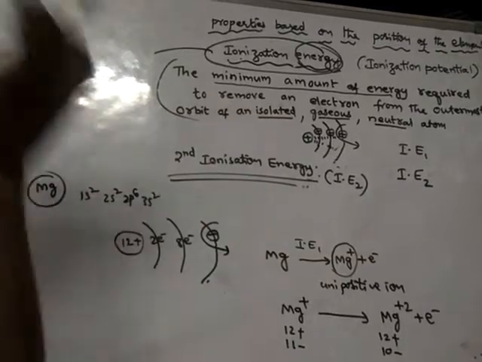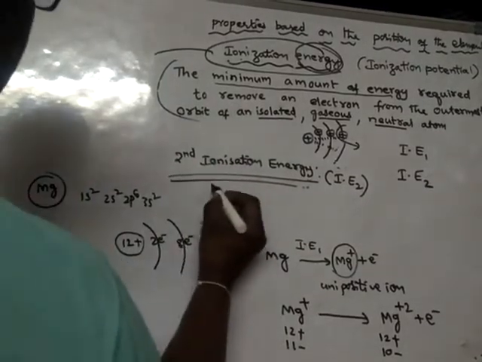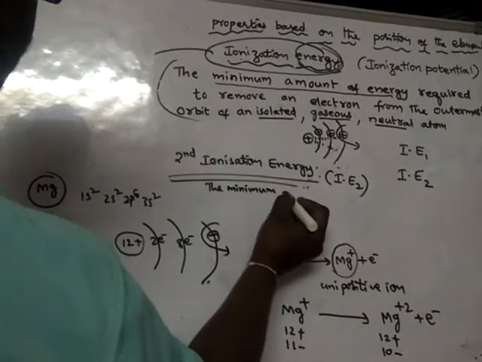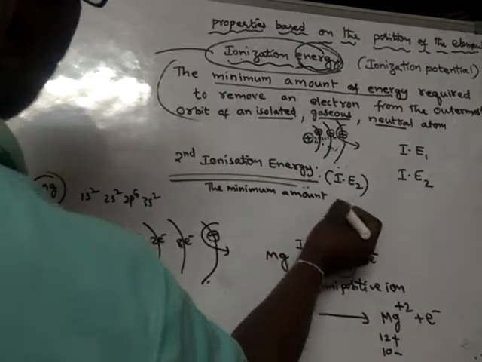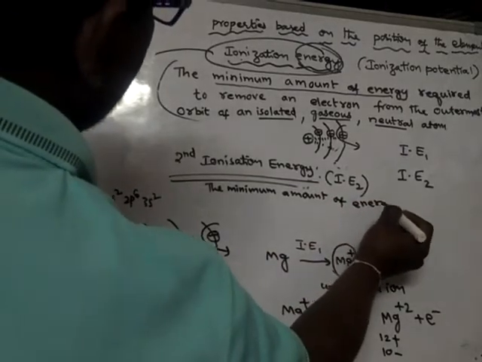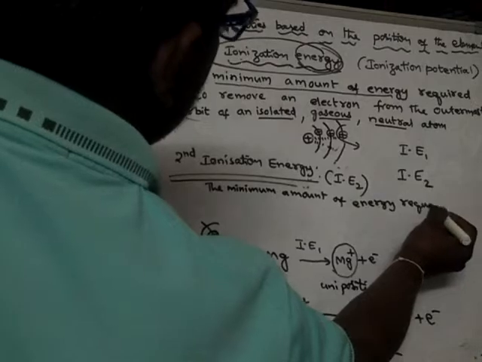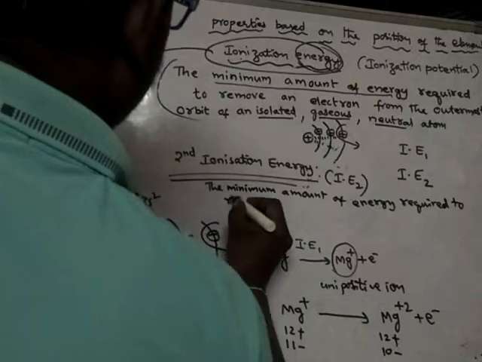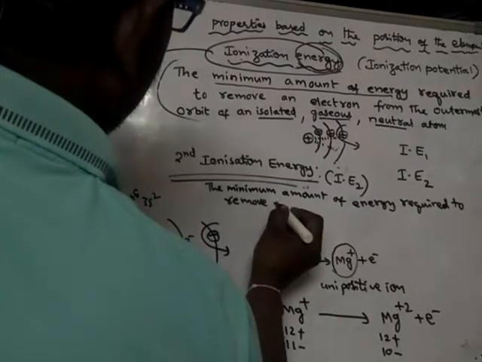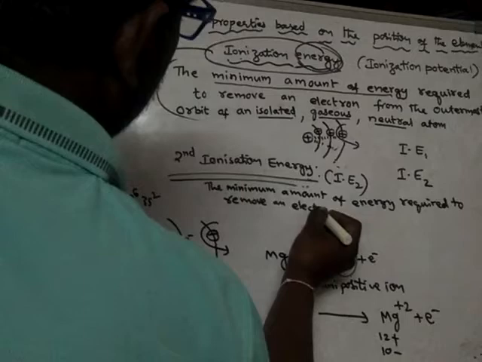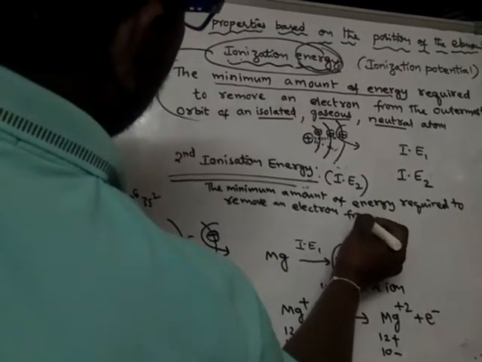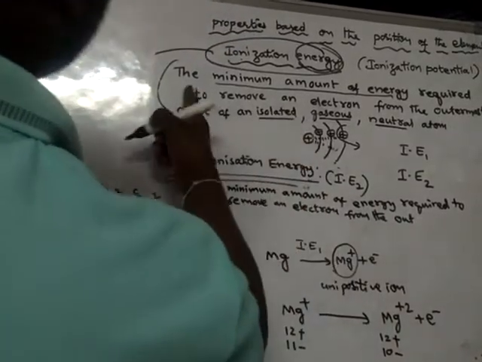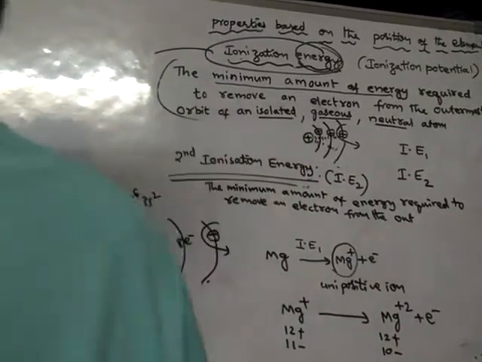With little changes, I will write the definition of second ionization energy like this: the minimum amount of energy required to remove an electron from the outermost orbit. The definition is almost similar to first ionization energy.